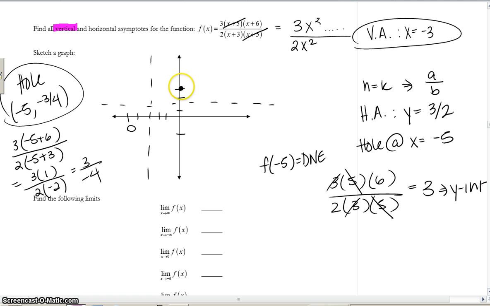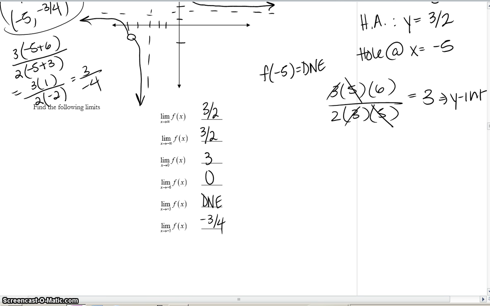So let's draw on our graph now. This graph is going to go up following our vertical asymptote there. This one's going to go this way following our horizontal asymptote. This one's going to go this way and this way. So this is what our graph looks like. So pause the video here and find those limits below.